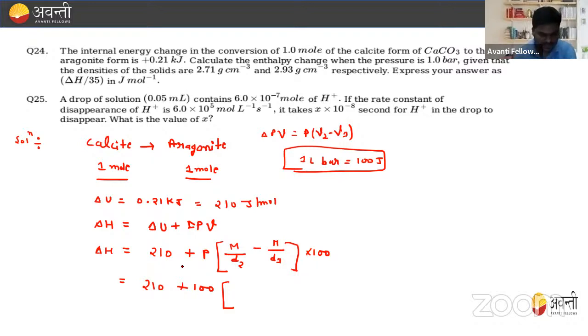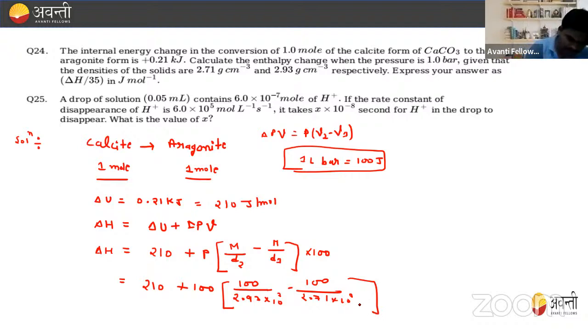So we can write it as 100 into the difference of 100 upon 2.93 into 10 to the power 3 minus 100 upon 2.71 into 10 to the power 3. This is how you write this.